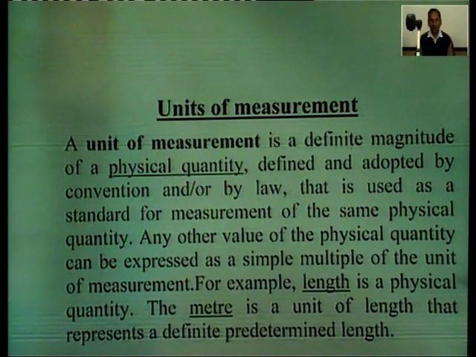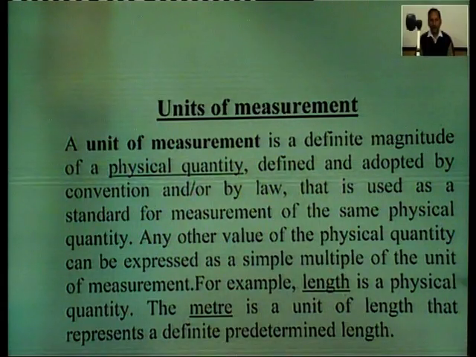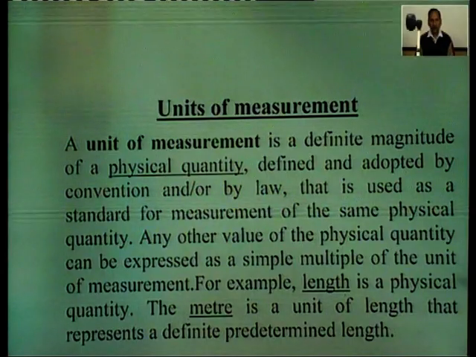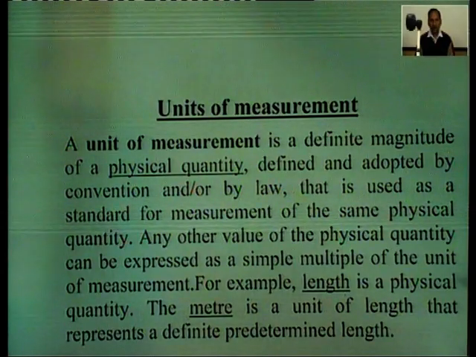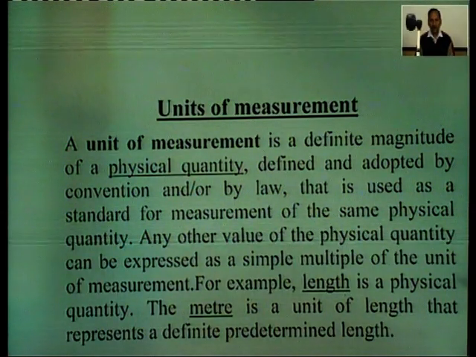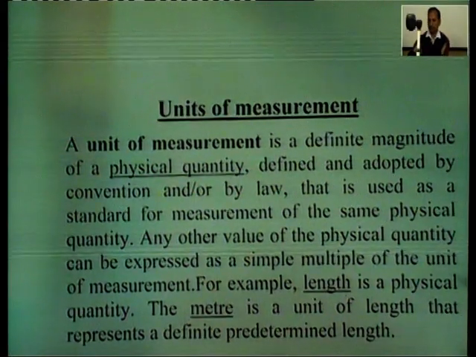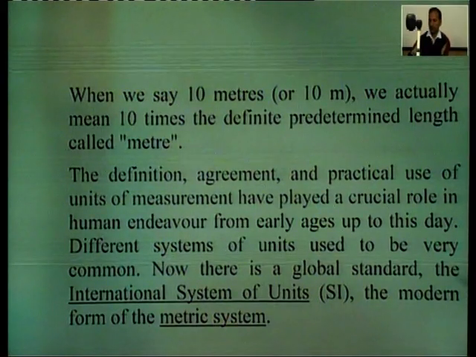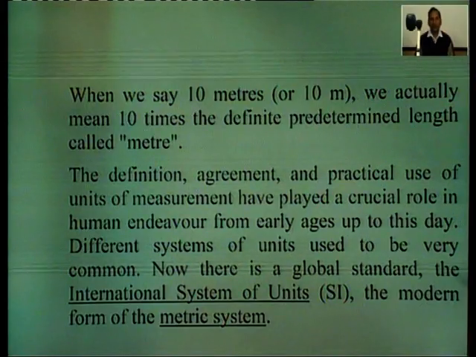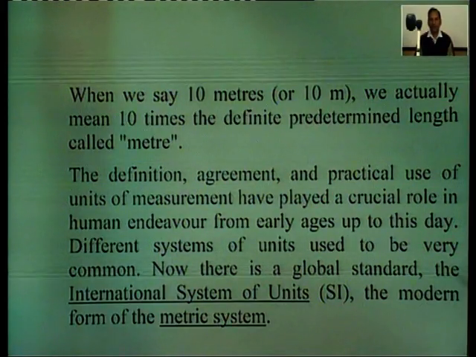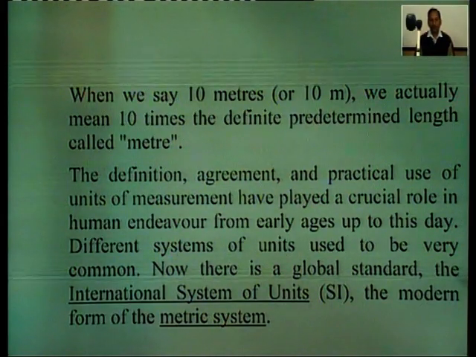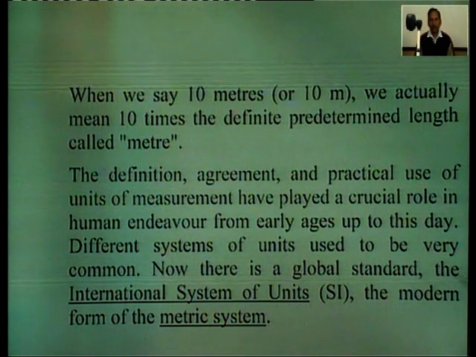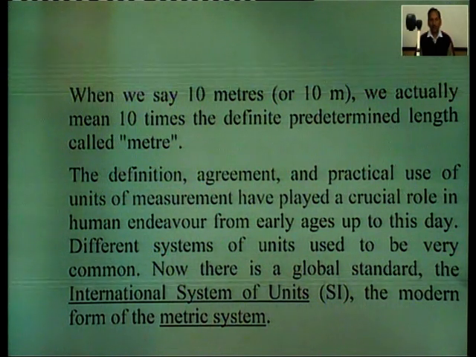For example, length is a physical quantity and the meter is a unit of length that represents a definite predetermined length. So when we say 10 meters or 10 m, we actually mean 10 times the definite predetermined length called the meter.